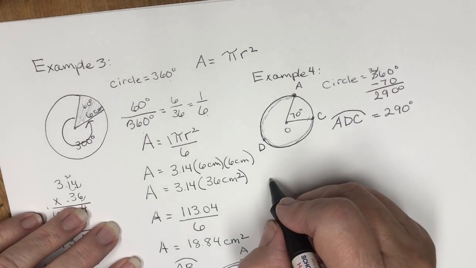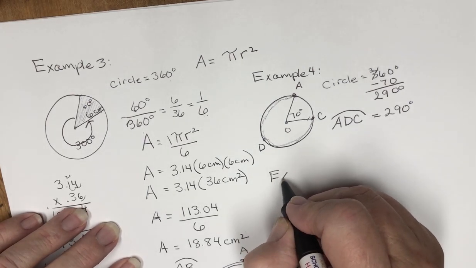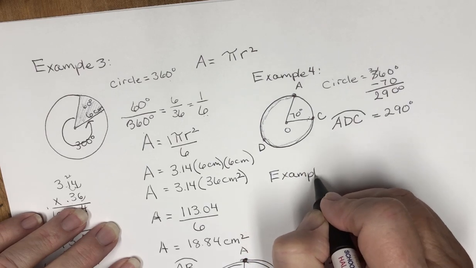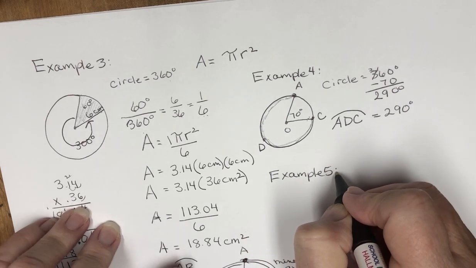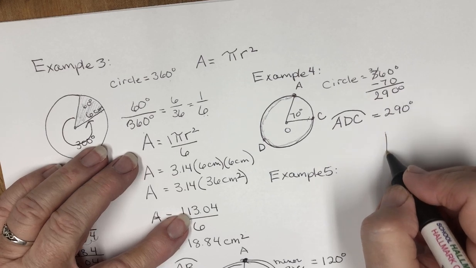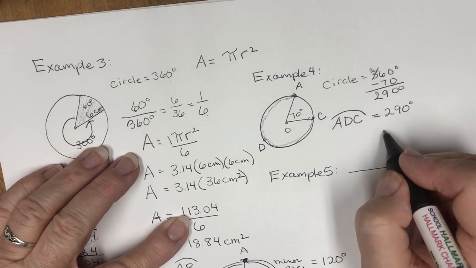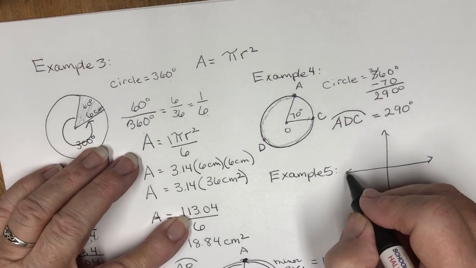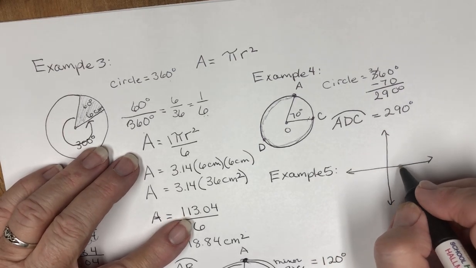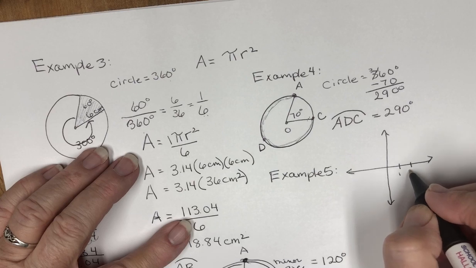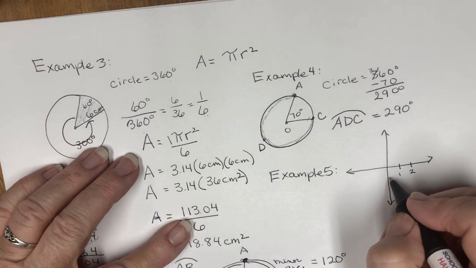Okay, example 5. This time they give us a coordinate graph. Remember, there's always arrows at the end of each coordinate line.